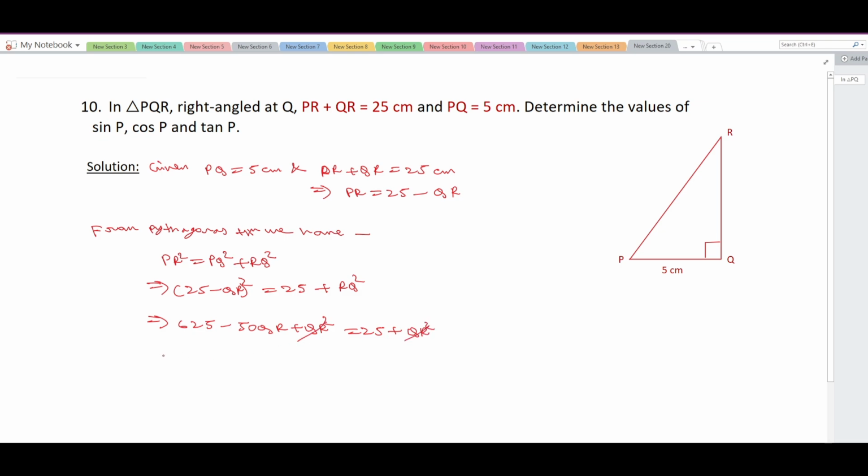QR square cancels out. We have 625 minus 25 equal to 50 QR, and this is equal to 600 divided by 50. So this is 12 equal to QR. So QR equals 12 centimeter.